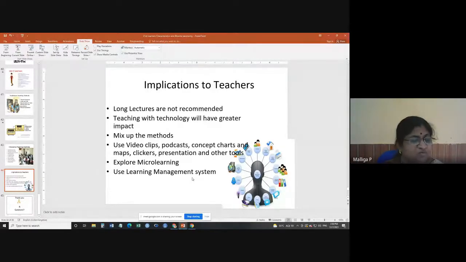No, to my knowledge, there is no such thing. It all depends upon the TOS, the table of specification. As a teacher handling a course, there will be a course outcome in your curriculum. You have to look into the course outcome, and your assessment should align with the course outcomes.